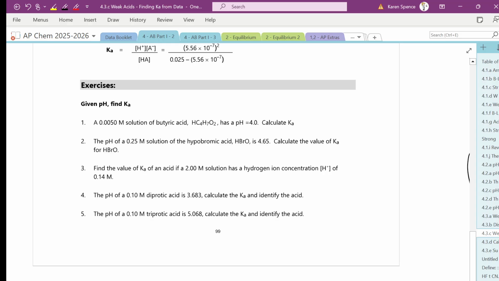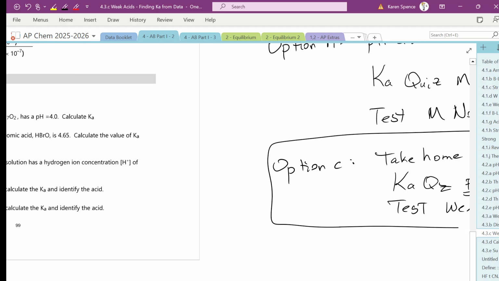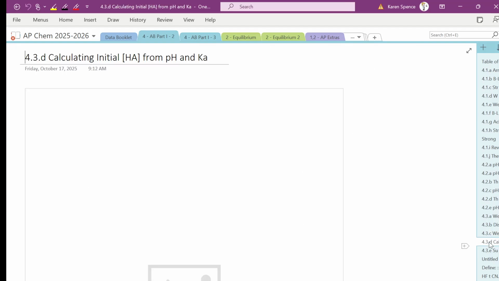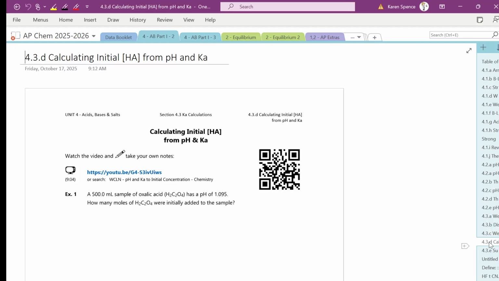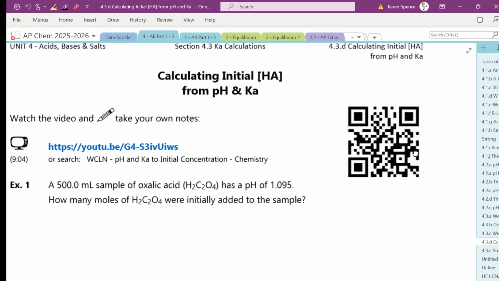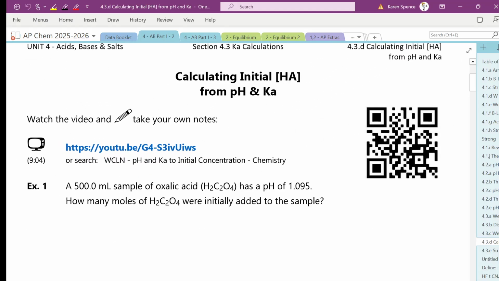So let us then finish off Ka calculations. Okay? We have one last type, and that is calculating an initial HA.